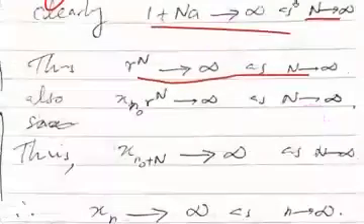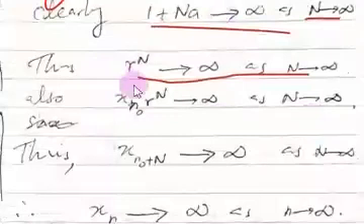So if you multiply this number by a constant positive number, then this product also goes to infinity as n tends to infinity.